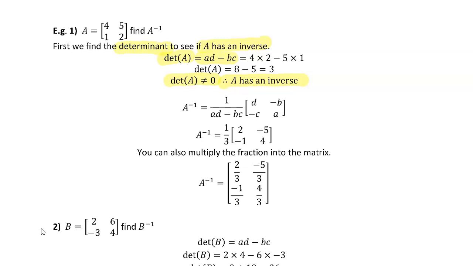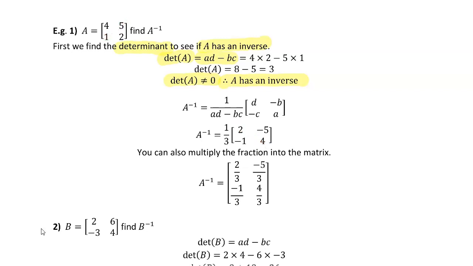All right, as determinant is not equal to 0, that means, therefore, A does have an inverse. Okay, so now we're going to go ahead and get to work on finding that inverse. So our inverse is equal to 1 over AD minus BC, which was the determinant that we just figured out. So it's 1 over 3. So let's look at this matrix bit. We flip that diagonal. So it was 4, 2. Now it's 2, 4.